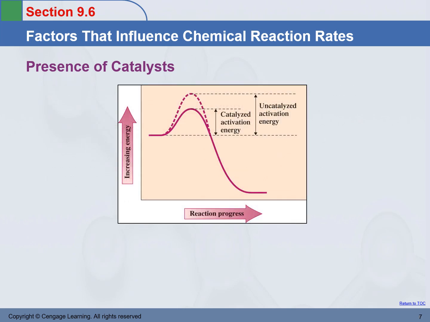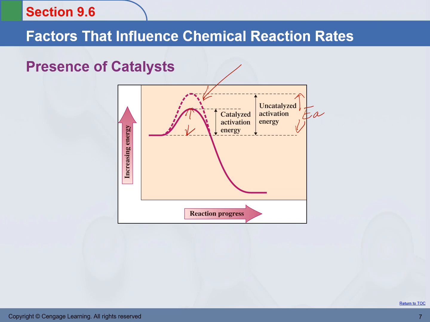This figure provides a very good explanation of how a catalyst works. The dotted line represents the reaction pathway without a catalyst. That is the activation energy required when there's no catalyst. Once a catalyst is introduced into the system, a different reaction pathway appears.